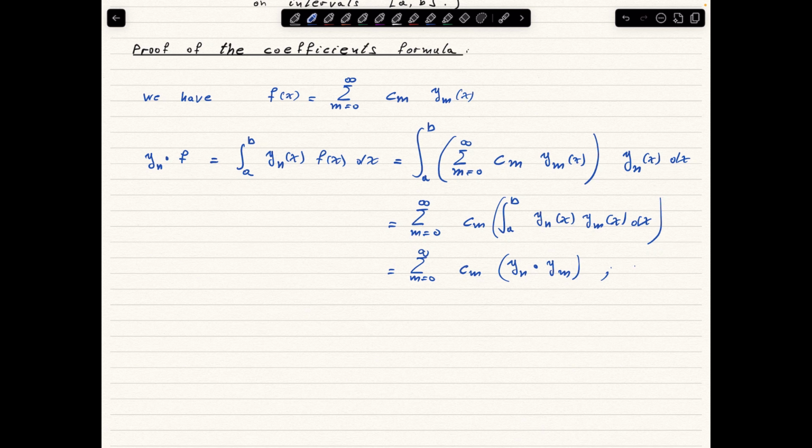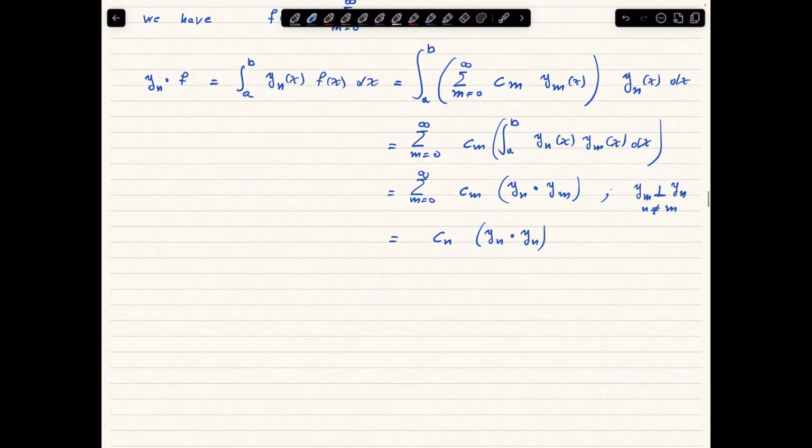But recall that y_m is perpendicular to y_n whenever n is different from m. So this dot product is going to be 0 when n and m are different. So from all these terms, only one single term survives, and this is going to be the term with m equal n, and here we are going to have y_n dot y_n.